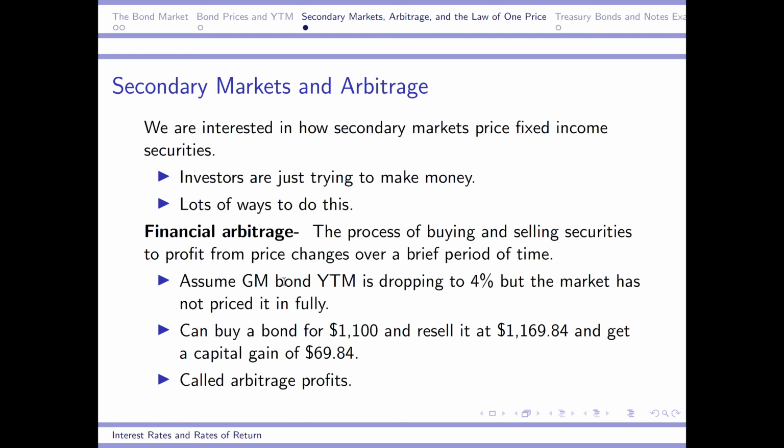And then after the market prices in everything correctly, it gets resold at $1,169.84. So we can get a capital gain of $69.84 just on what we call arbitrage profits, or knowing that the market has not fully priced in an asset's value appropriately.